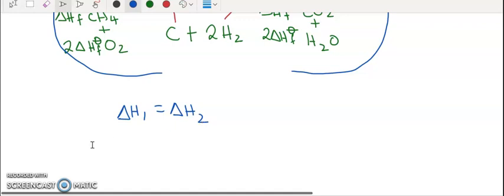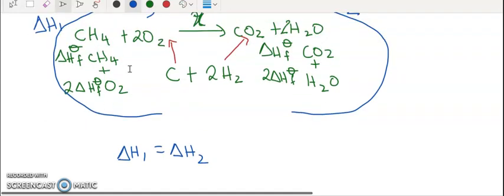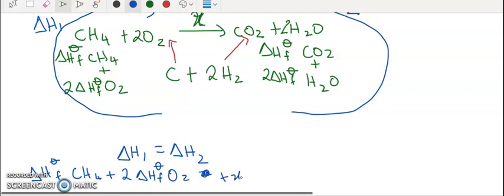So, delta H1 has these values plus an x. Let's put that in. So we've got delta HF theta CH4 plus 2 times delta HF theta O2, plus x because this arrow is also included, is equal to the information on this arrow, delta HF theta CO2 plus 2 times delta HF theta H2O.